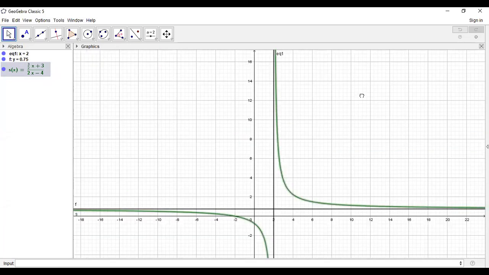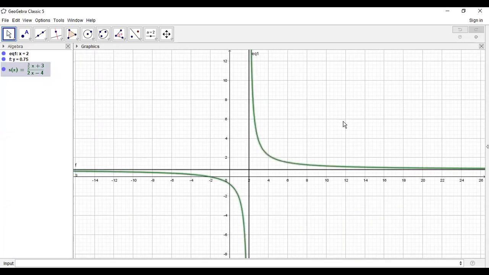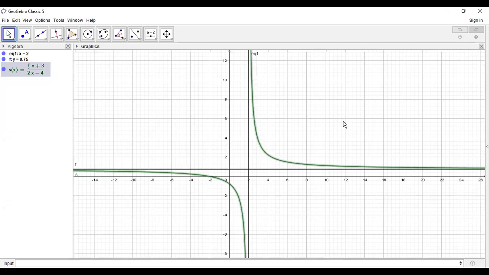Yan po yung tinatawag nating asymptote. Kailangan si graph hindi mag-touch sa asymptote. Ang ganda, parang paro-paro lang siya. Ganyan po yung ating asymptote. Kailangan hindi magtama yung ating graph doon sa asymptotes.